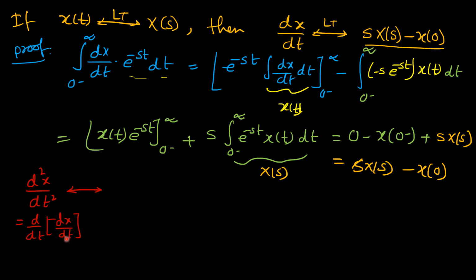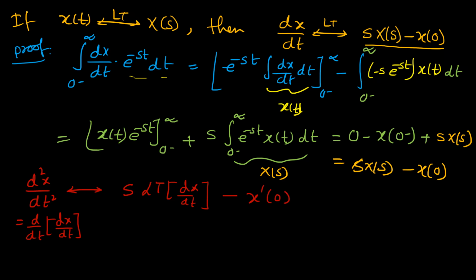Now this is my signal, its derivative. So what do I write? I can write that it is s times the Laplace transform of dx dt, because this is X of s, and right now my signal is the derivative, so it's s into that Laplace transform minus this signal at 0, meaning dx dt at 0, I can write x prime 0, right?